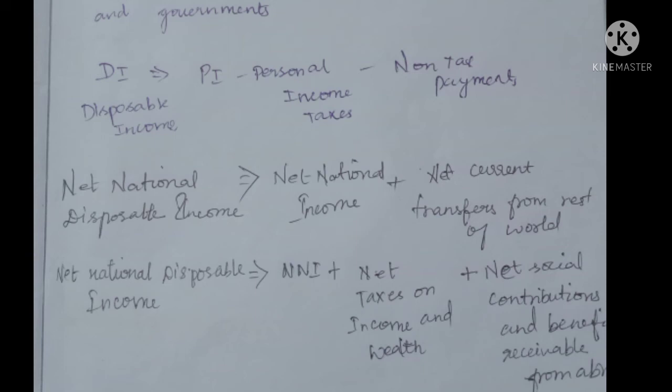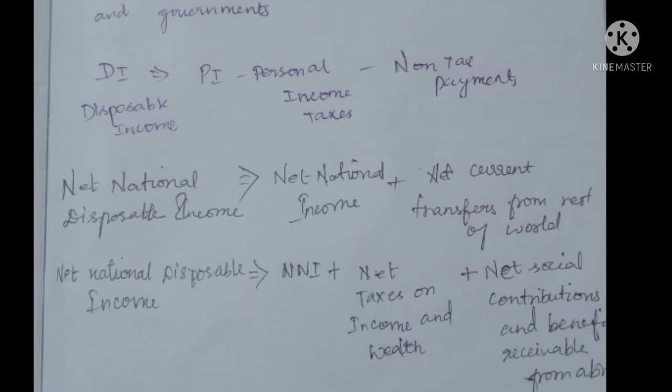And the last one, net national disposable income, has two formulas.